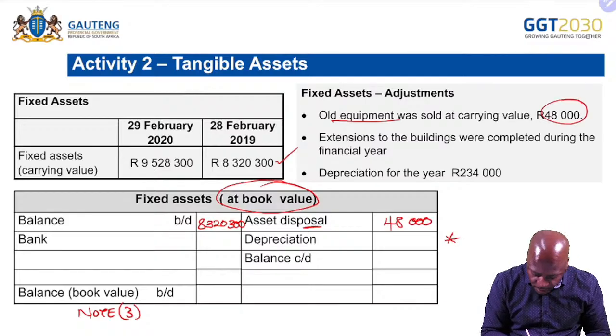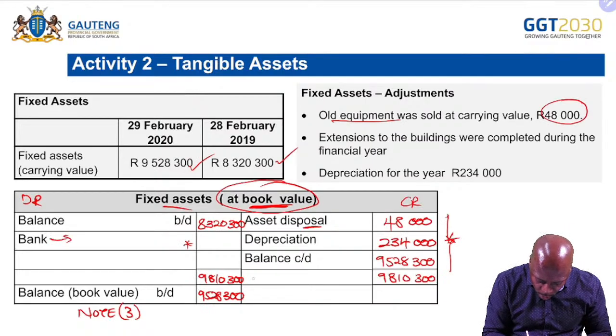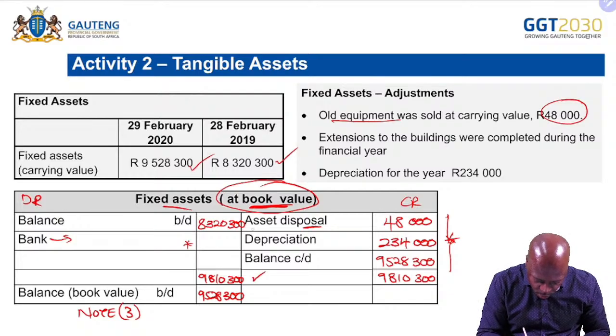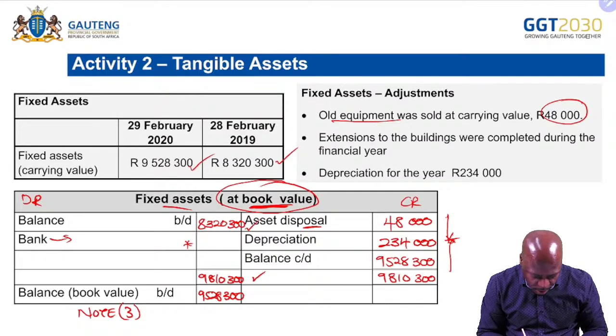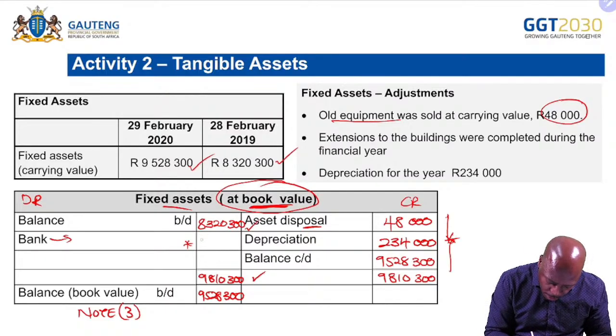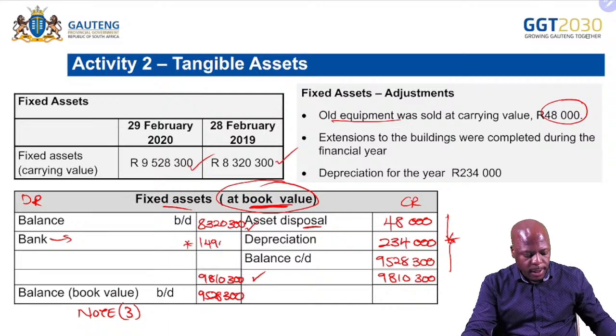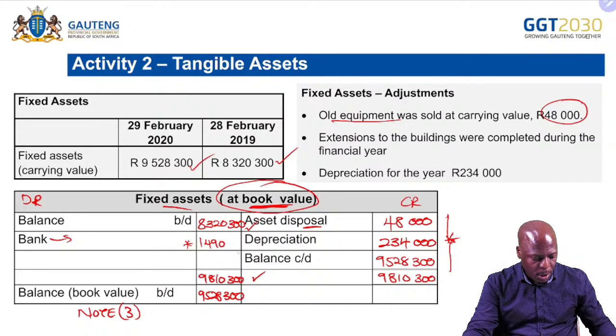If you punch in your figures, you're simply saying 9,810,300 minus 8,320,300, and it should give you 1,490,000. That then speaks straight onto the fixed assets purchased.